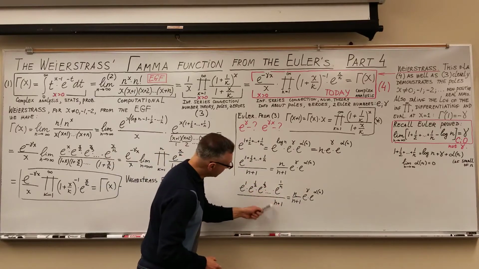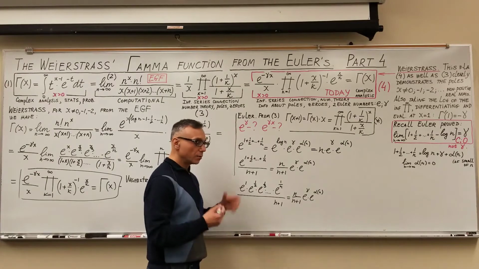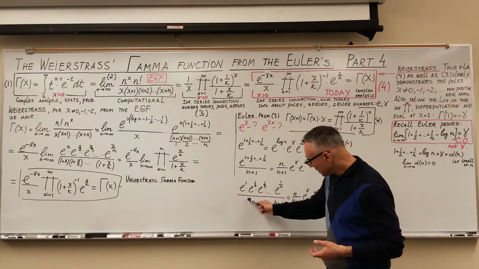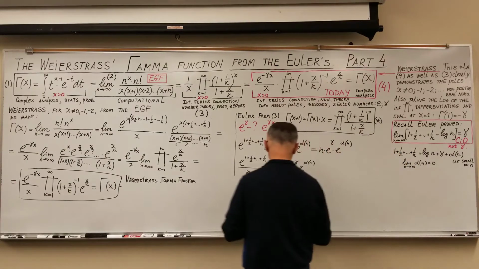So the last term is divided by this denominator. All of those e terms, we're trying to create a partial product. So I need to have denominators here. This is what we'll do.